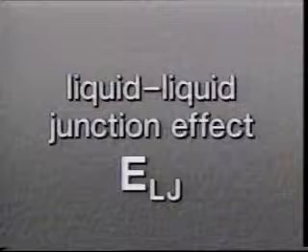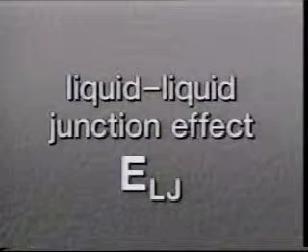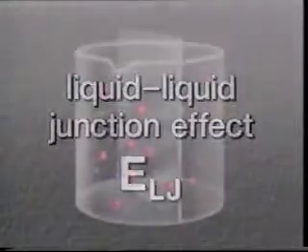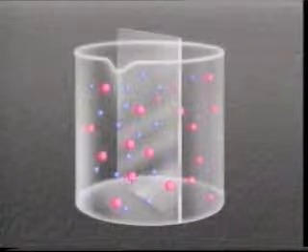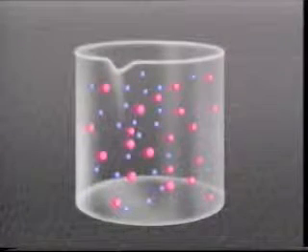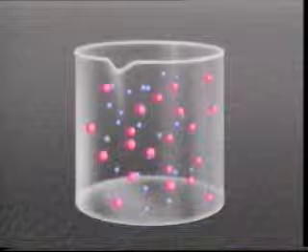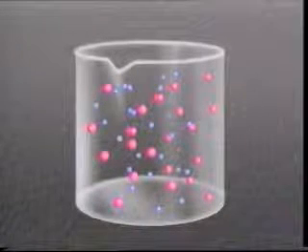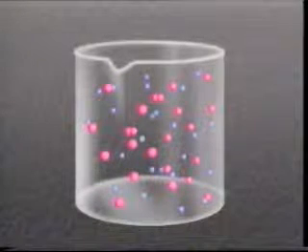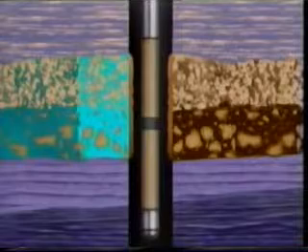The liquid-liquid junction effect, denoted by the symbol E sub Lj, occurs when two solutions of different salinities are in direct contact. As illustrated here, ions move from the more concentrated solution to the more dilute. This condition occurs at the interface of the mud filtrate and the undisturbed formation water.